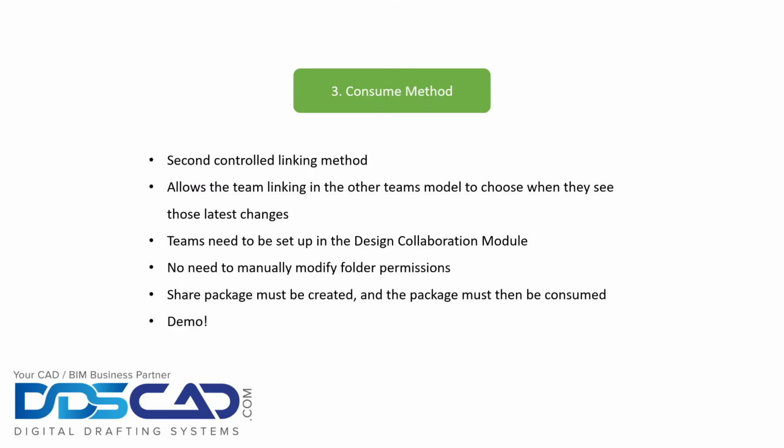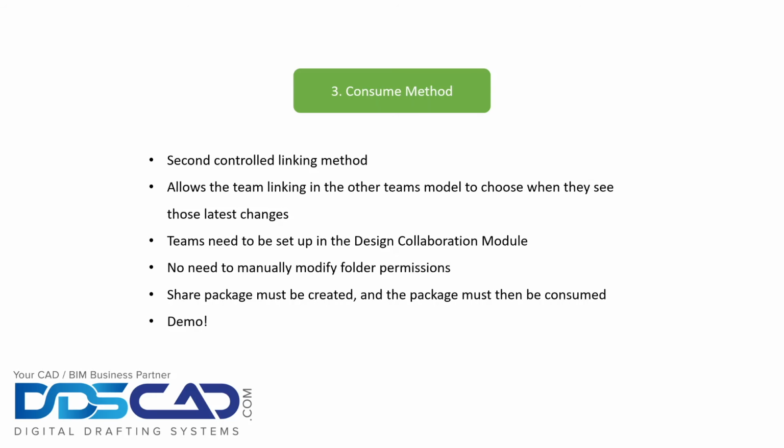You do have to publish and share those latest changes. The difference here is you're linking from a different location where the consumer of those changes, in our case, the architect, has to determine when they're ready to see those changes, and that's when the file basically will be updated in that location and they'll see those latest changes.